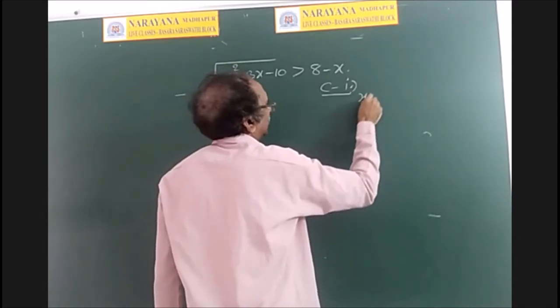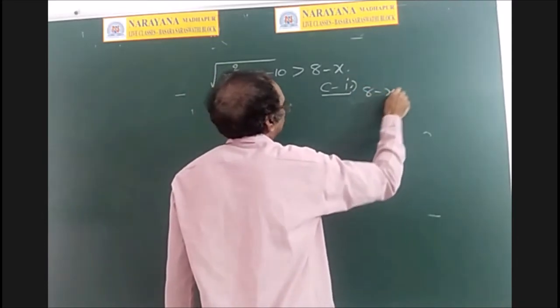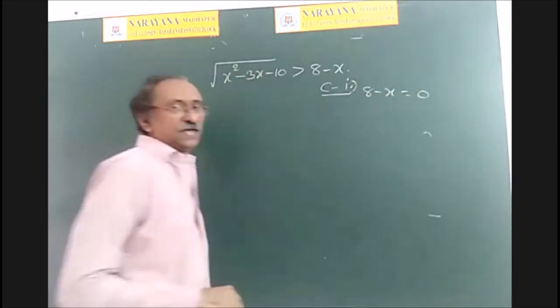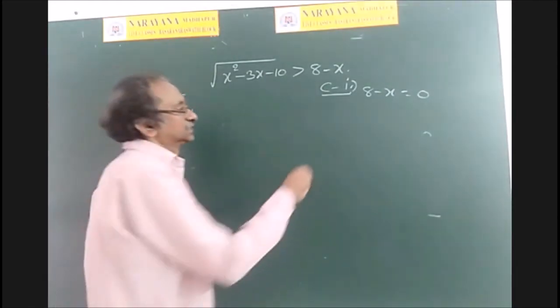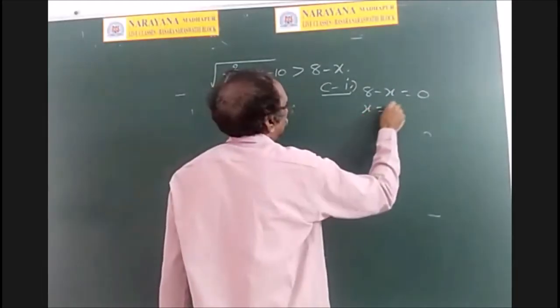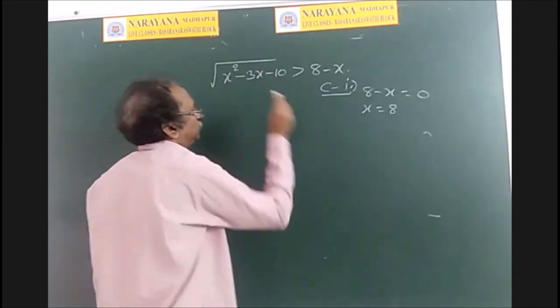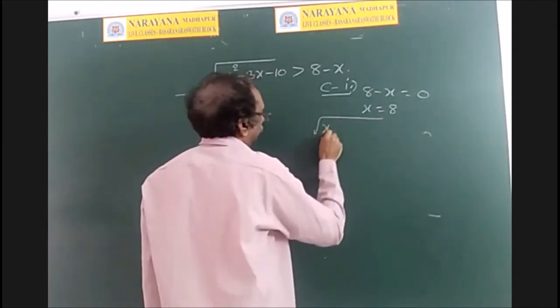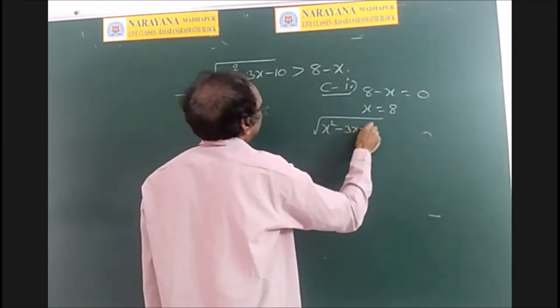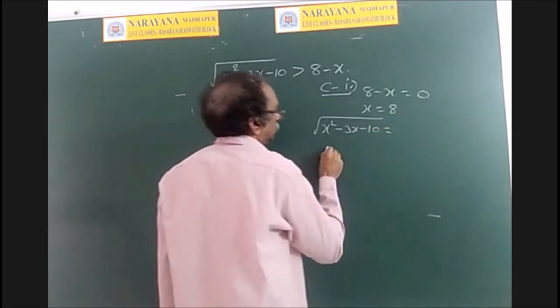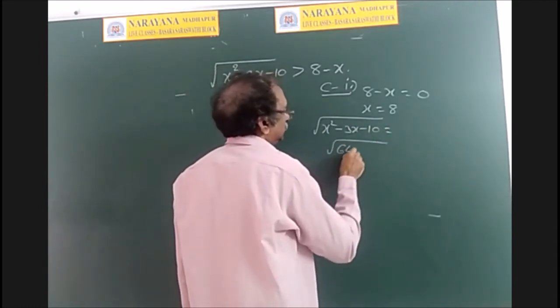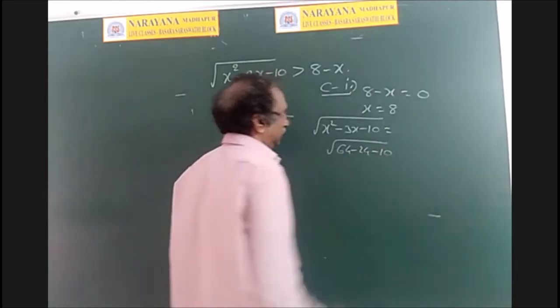Suppose 8 minus x is equal to 0. Then what happens? So I will study this. Then x is equal to 8. And what about this? Square root of x square minus 3x minus 10 is equal to square root of 64 minus 24 minus 10.